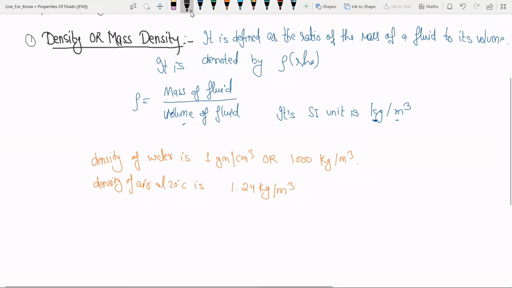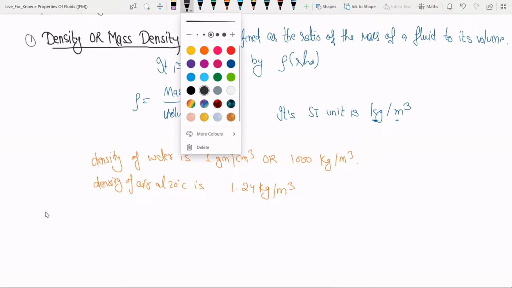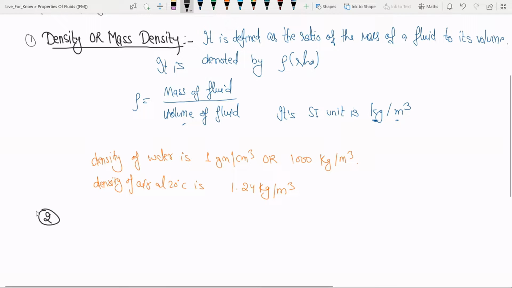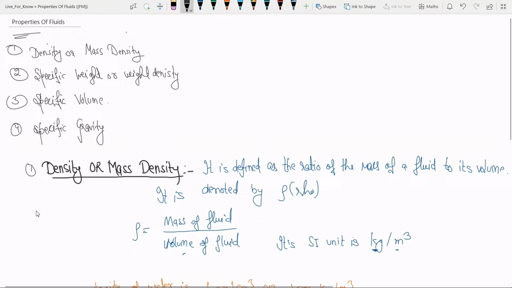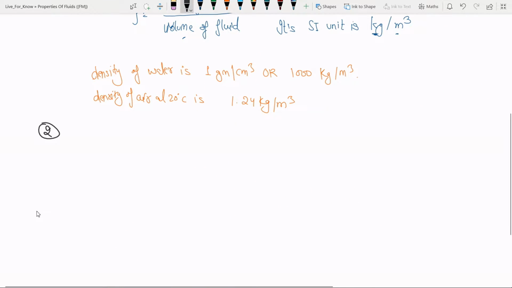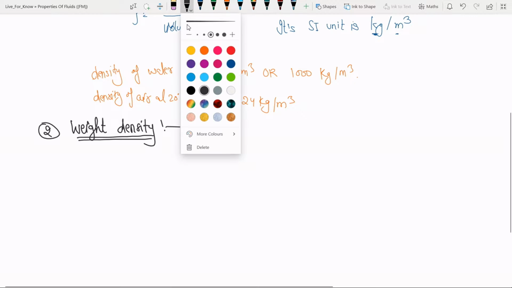Now second point is specific weight or weight density. Through its name we find that it is the ratio between the weight of the fluid to its volume.